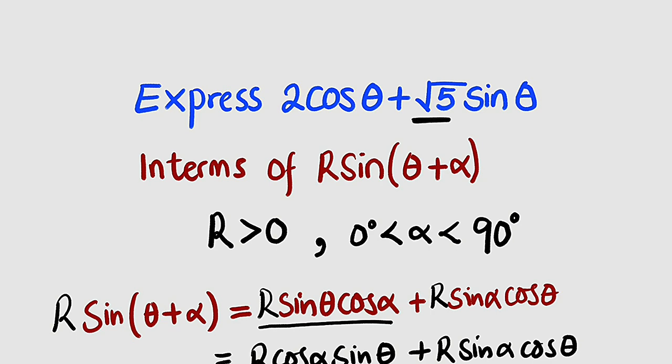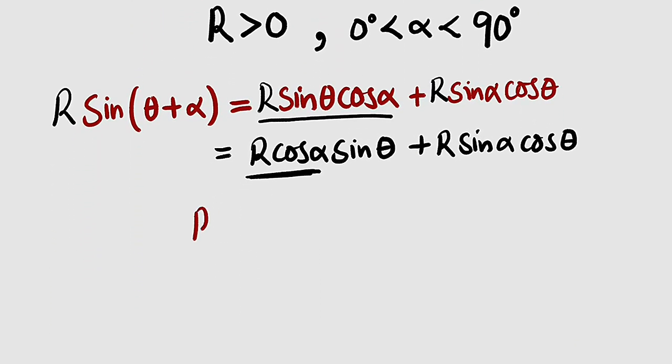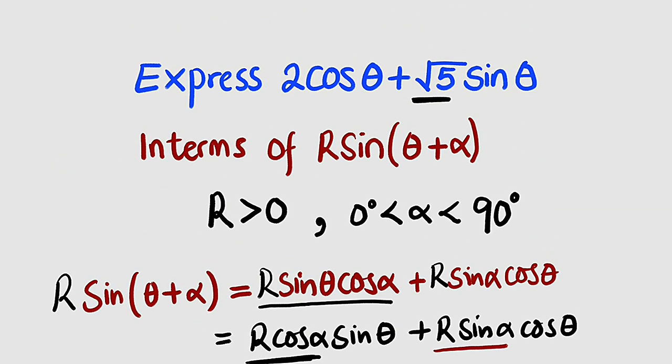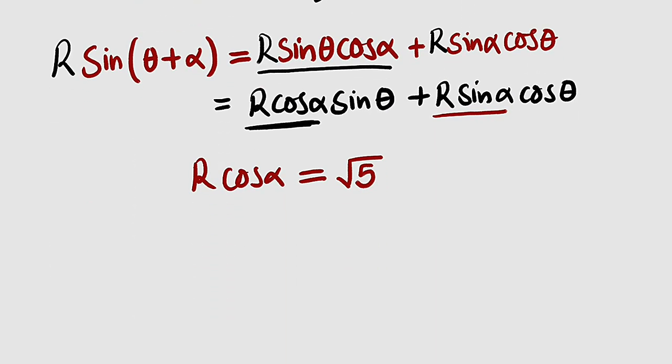So we equate them: r cos alpha is equal to root 5. Then the coefficient of cos theta here is r sine alpha, while the coefficient of cos theta in the original is 2. So we relate them as well: r sine alpha equals 2.